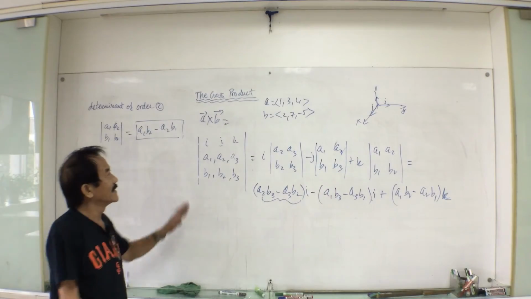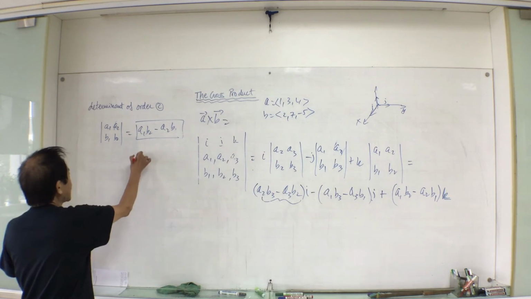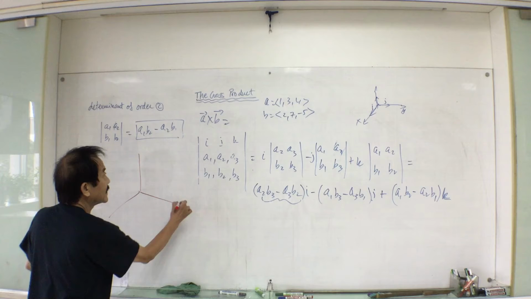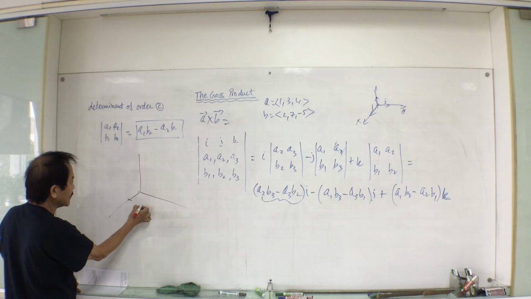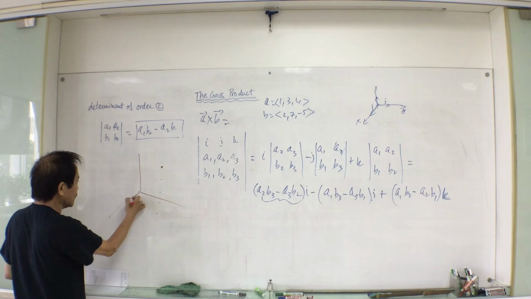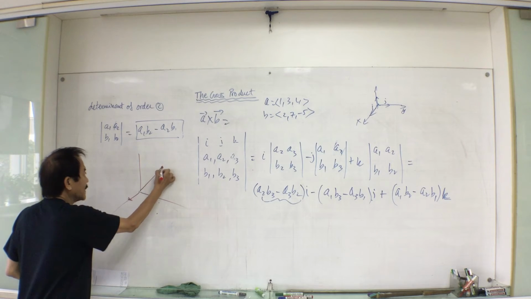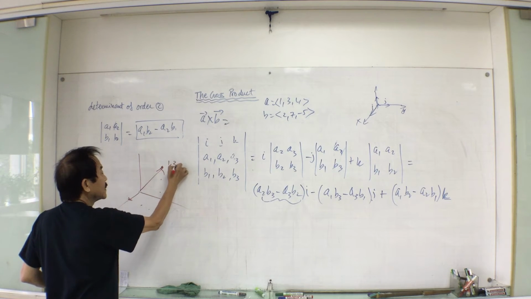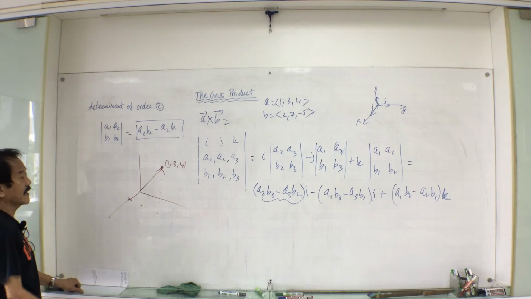Okay, so let's see if I have two vectors like this. A is 1, 3, and 4, so X equals 1, Y equals 3, Z equals 4. So the vector goes up here. Then B equals 2, 7, and -5.